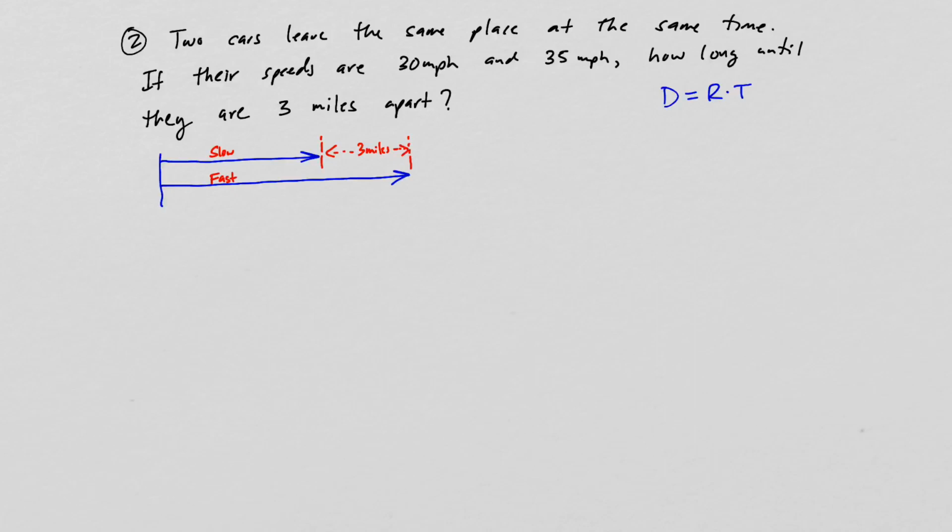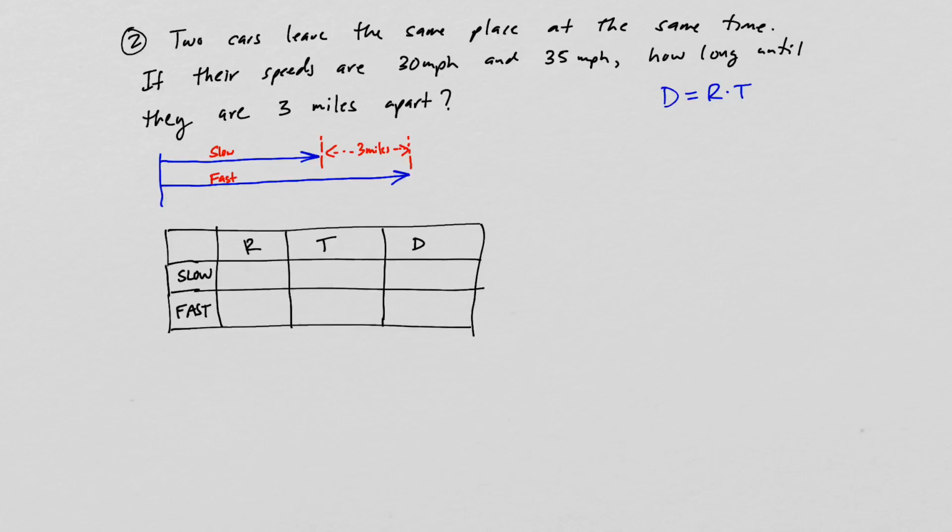So we need to figure out how far does the slow car go versus how far does the fast car go. For a problem like this, it is very useful to set up a chart so that we can keep track of the information. Let me do that now, and then we'll come back to this problem.